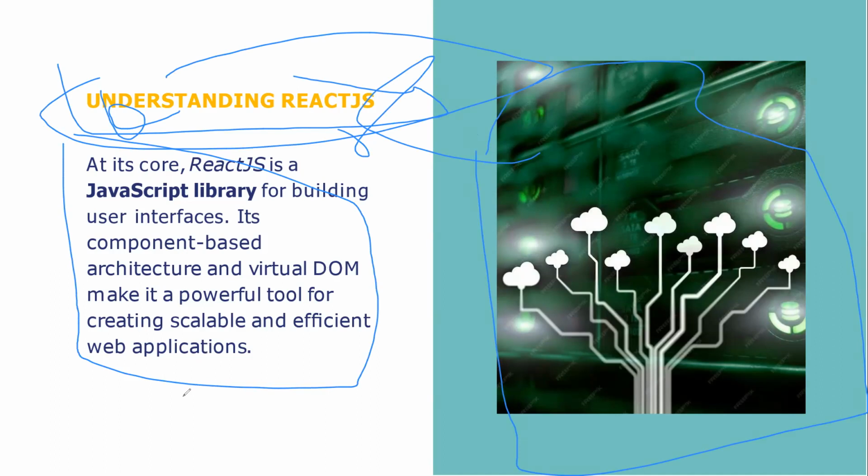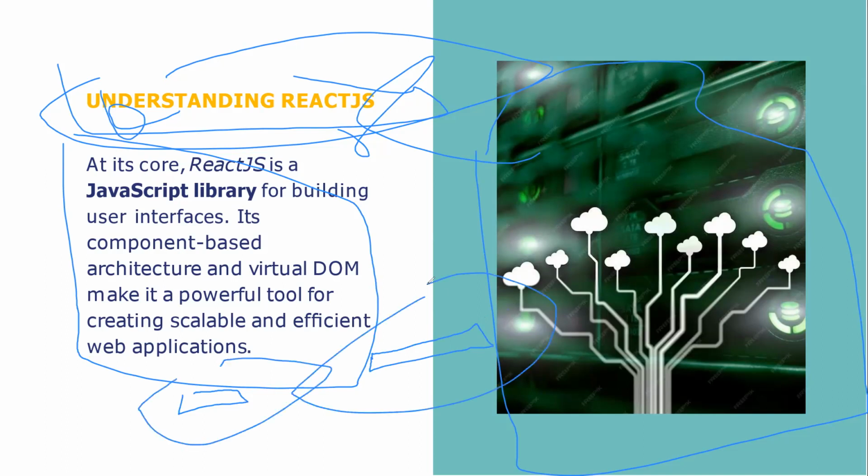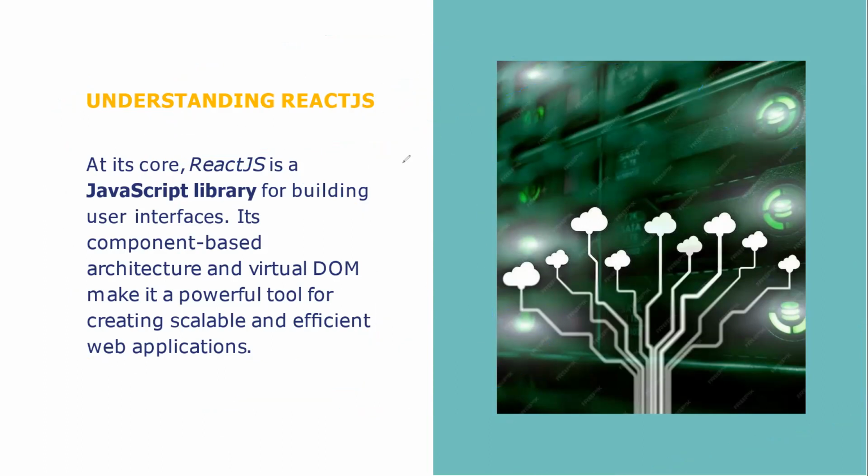Take this button: most of the CSS and styling of the same button will be there on most web pages. So why can't we use the same component everywhere? This is how React JS works. It's component based. Wherever you want, you can use that component with different content. This is how the React JS architecture works.